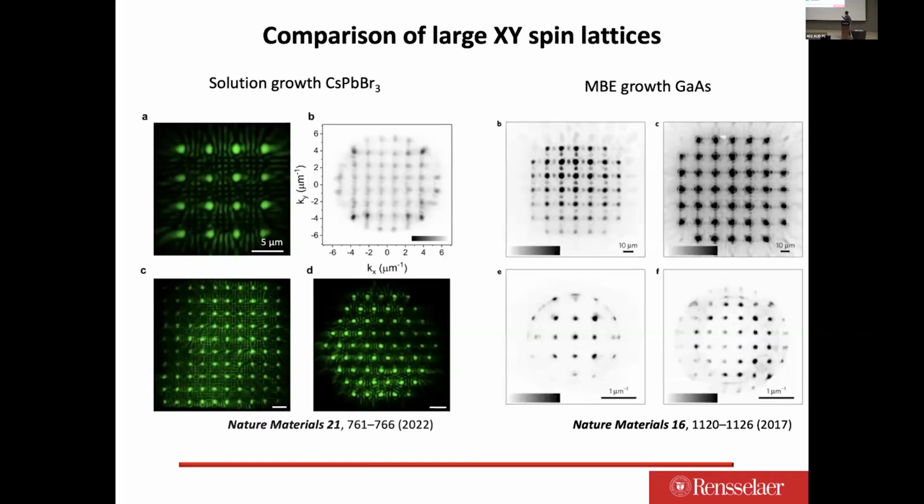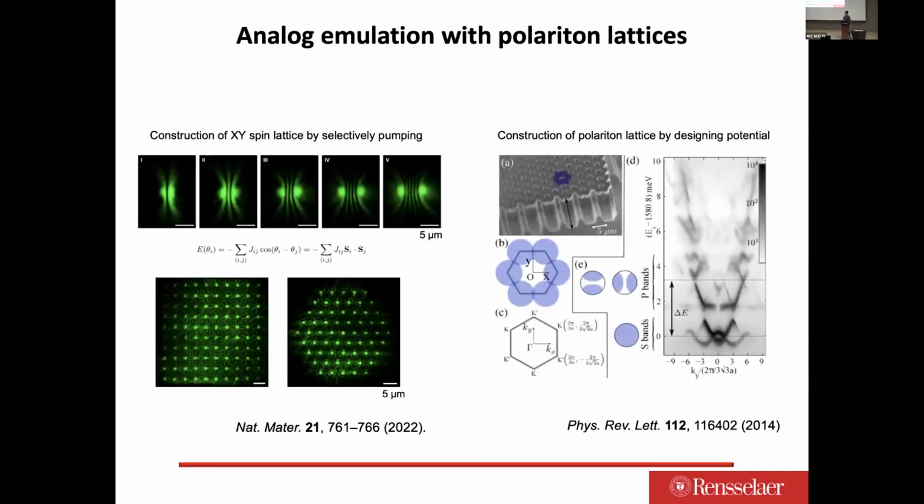We actually can do this in a better case. Besides constructing the XY spin Hamiltonian with a spatial light modulator, another way to do this is by designing potential variations. Just like in the Schrodinger equation, you have a potential; not only is the particle density distributed, but the potential is too.